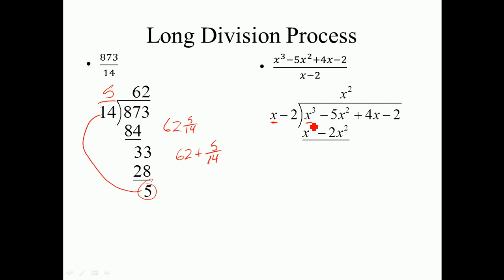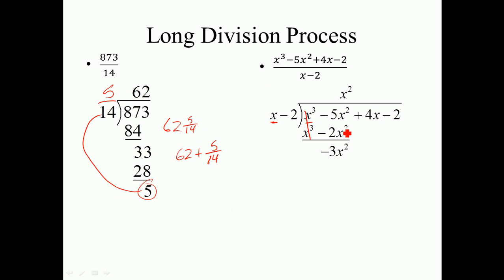So our next step, once we multiply and we get here, the next thing we're going to do is subtract. So we subtract here, this cancels. And now this is the part where we have to be careful, because when you're subtracting those, it's not going to be what you think. So that's negative 5x squared minus negative 2x squared is going to give you negative 3x squared.